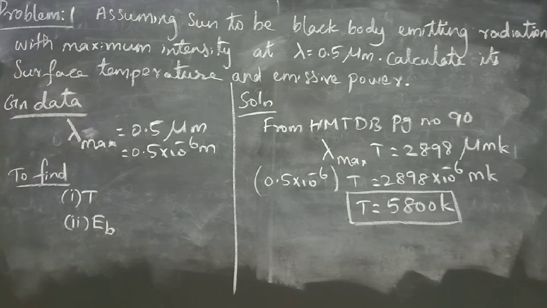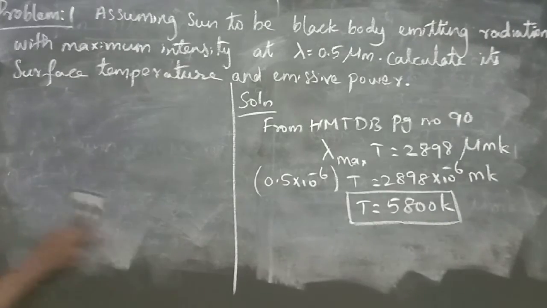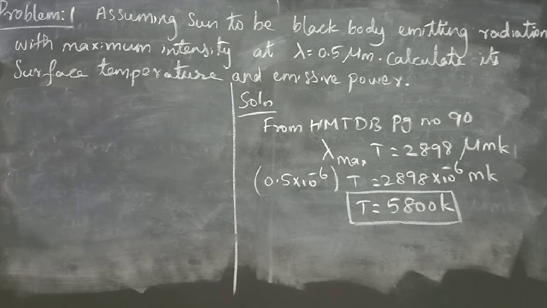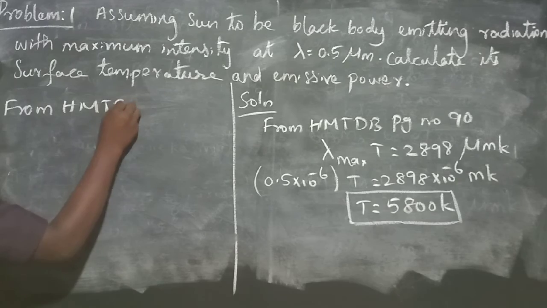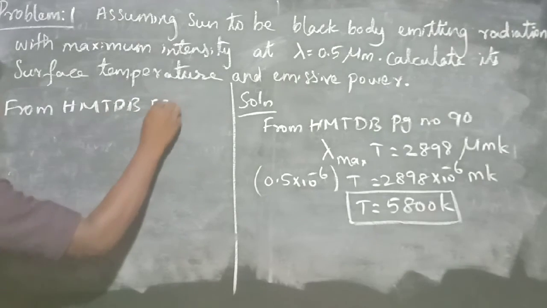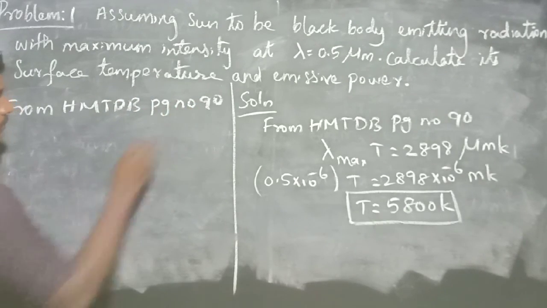Next, we need to find the second term, emissive power. How can you find the value of emissive power? With the help of the Stefan-Boltzmann equation. That formula is available in the HMT data book, page number 90.